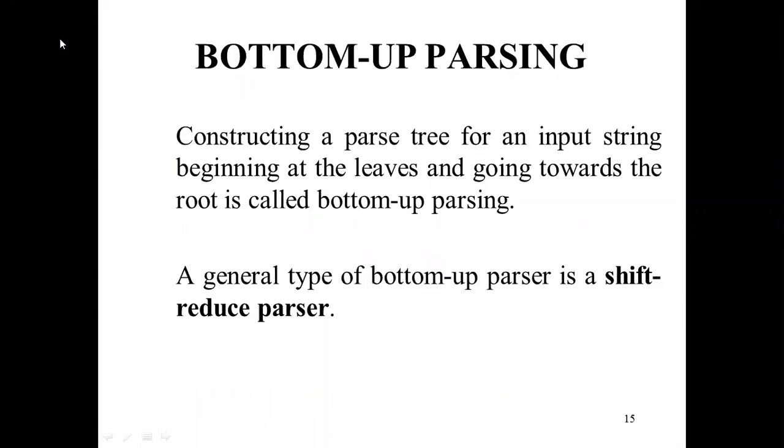Another method is called bottom up parsing. As the name suggests, here we will start our work from the bottom, from the children nodes, and the signal will flow in the opposite direction of top down parsing. The signal will flow from the children nodes and we will approach toward the root node.